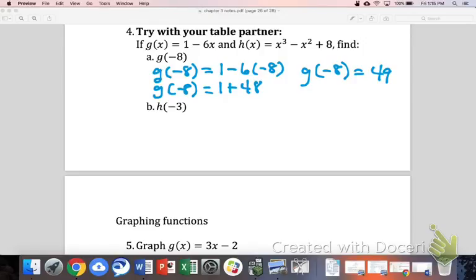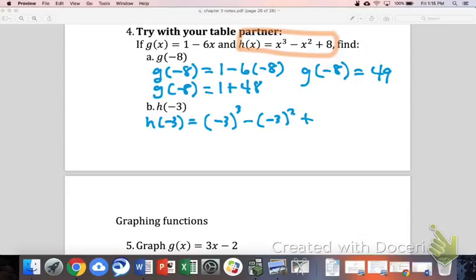Good? Okay. And then h of -3. So this means we are no longer talking about g. We are talking about h, which is over here. What's interesting about h, perhaps, is that aren't there two different x's within the rule for the function? So we're supposed to find h of -3. So I'm going to write h of -3 equals, make sure you use parentheses here, (-3) cubed minus (-3) squared plus 8.